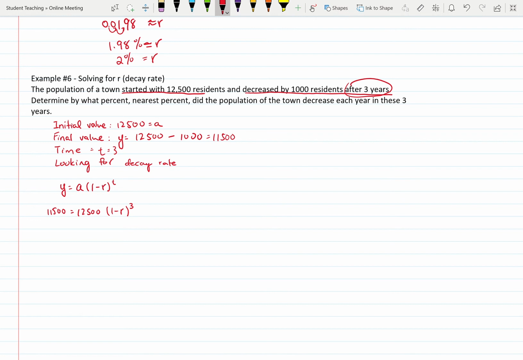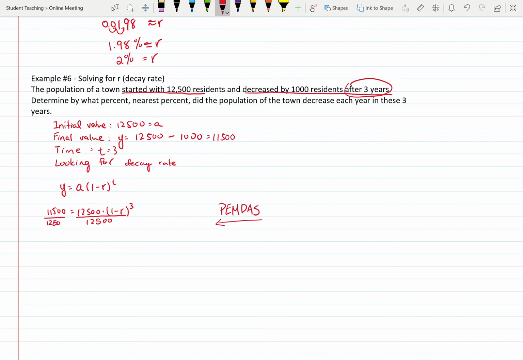Now remember PEMDAS. It tells us that we need to work with this again. This is multiplying here, so we need to do the division. Divide by 12,500.